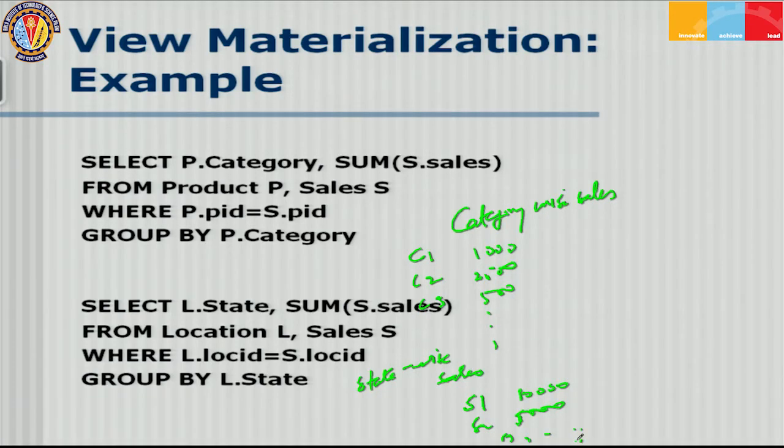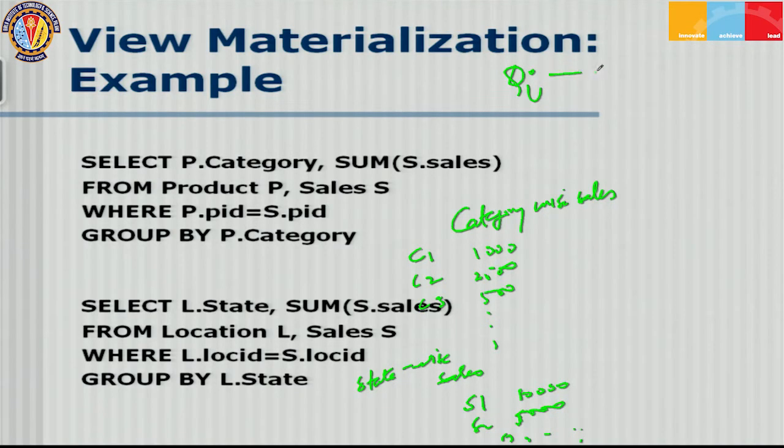So this is state wise sales, and that is category wise sales. These are two queries that I want to execute, or you can say important, frequently asked queries.